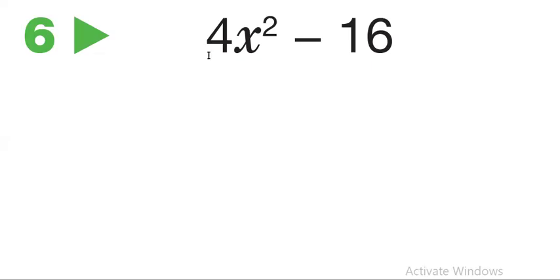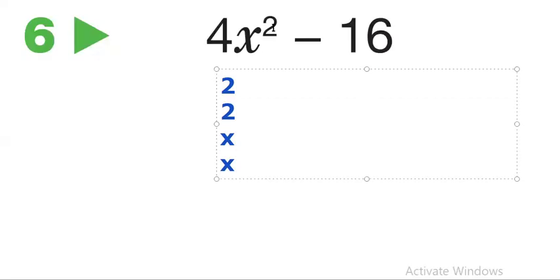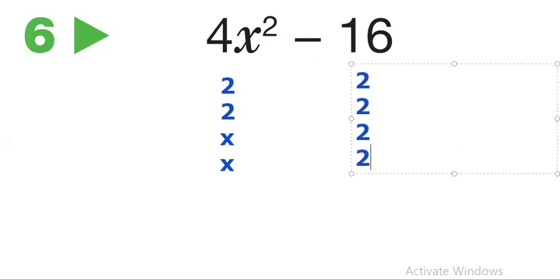But at the end, it will give me the same answer. So I like always to break down the elements or the numbers to their prime factors. This makes it easier for you to have no mistakes. So the 4 will be 2 times 2, and then we have 2 x's, which is x squared, x times x. And then the 16 will be 2 times 2 times 2 times 2.